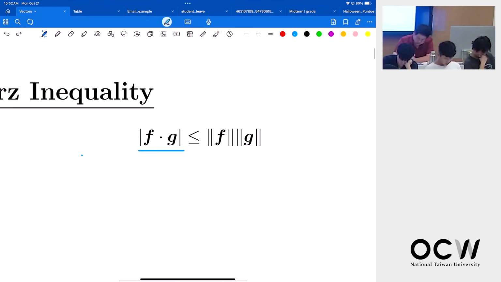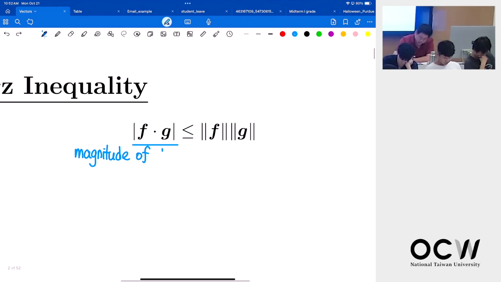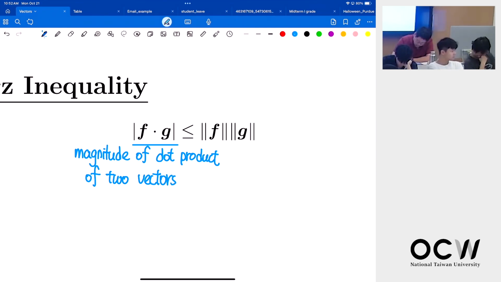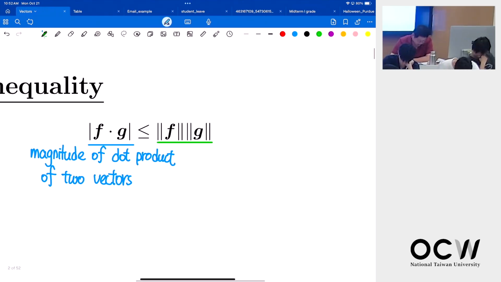Magnitude of dot product of 2 vectors. And the right hand side, that'll be the magnitude of the product of the norms of these 2 vectors.